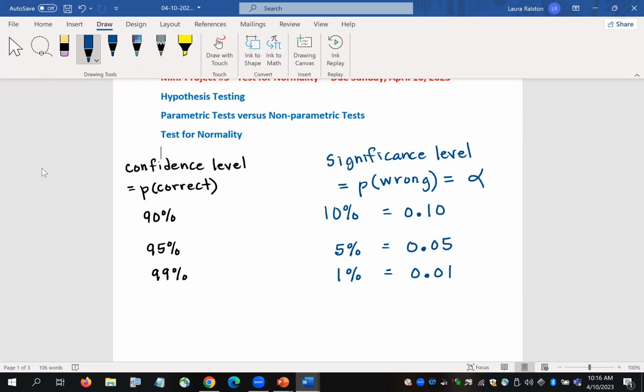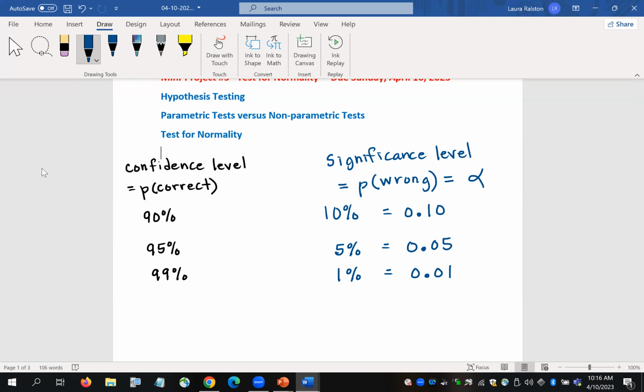We talk about confidence intervals, and we look at it from that positive perspective, the probability that I'm right. When we get to hypothesis testing, we're looking at the probability that we're wrong, because we're assuming the null is true, which we kind of want it to be.